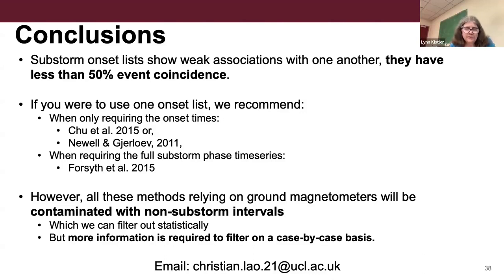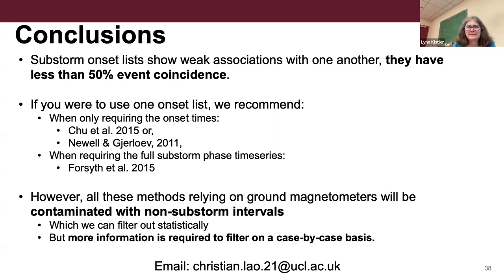Anyway, we also did a similar study because we're still trying to do a superposed epoch analysis of auroral outflow during a substorm, and so we looked at various substorm lists, and we also found the same thing, that none of them agreed. But when we used different ones, they all did seem to show more outflow after the onset.